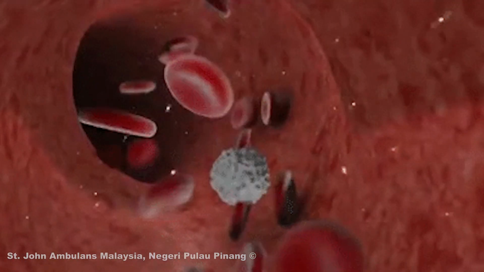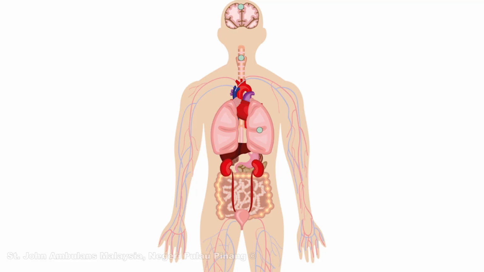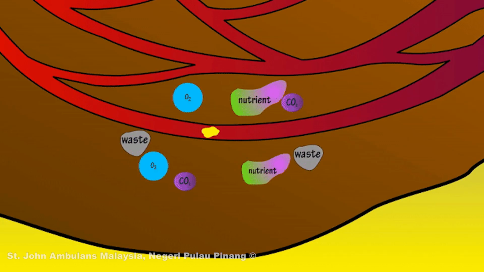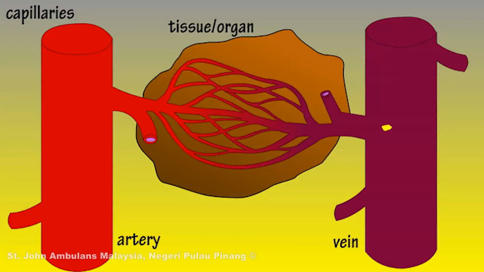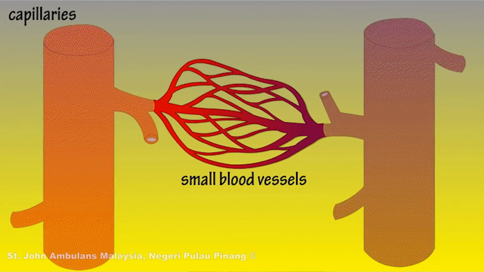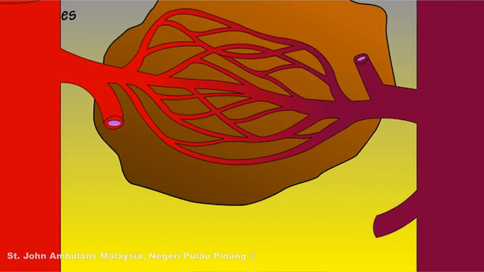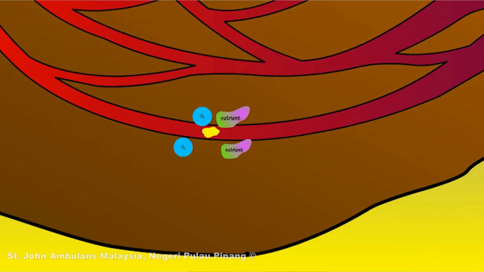There are 3 different vessels in our body, mainly the arteries, the veins, and the capillaries. Arteries carry oxygenated blood and nutrients from the heart to reach the vital organs, whereas veins carry deoxygenated blood from the vital organs back to the heart. Capillaries are small interlinking vessels that connect between arteries and veins.